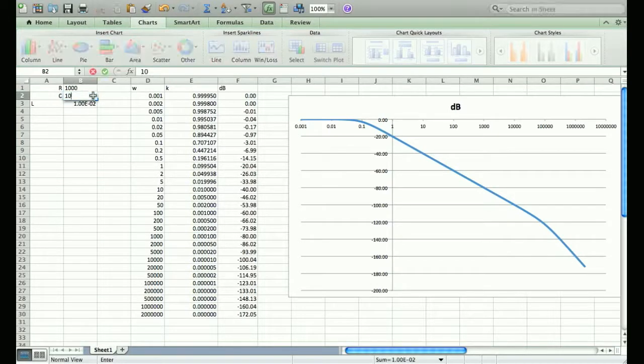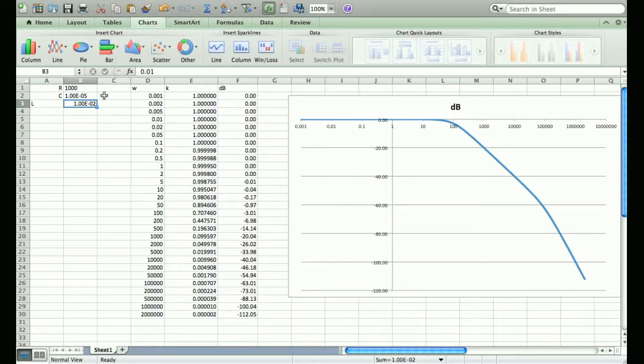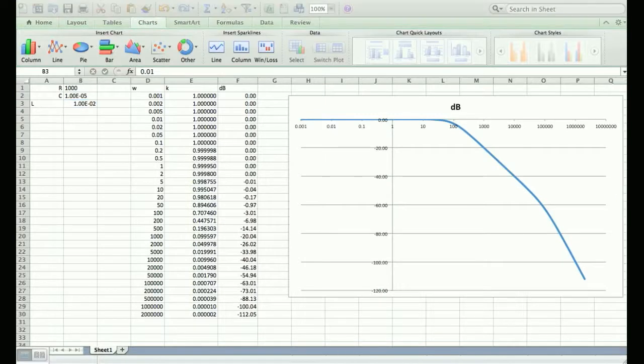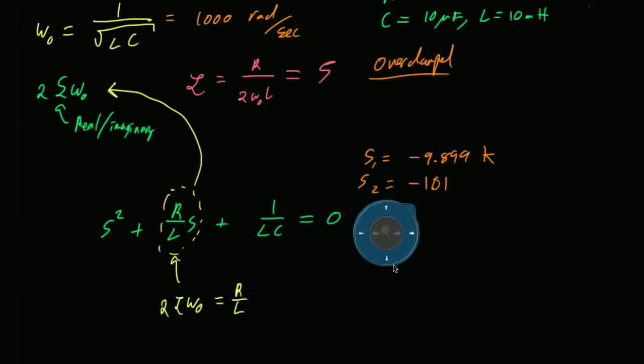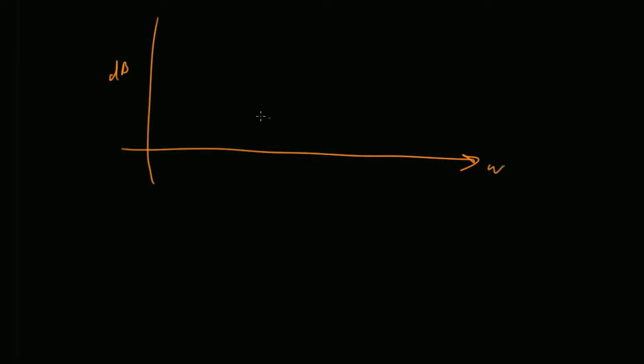So if this is our load A plot, this is decibels, and this is omega, this is frequency. Right here we have 0. I'll just say this is like an RC.